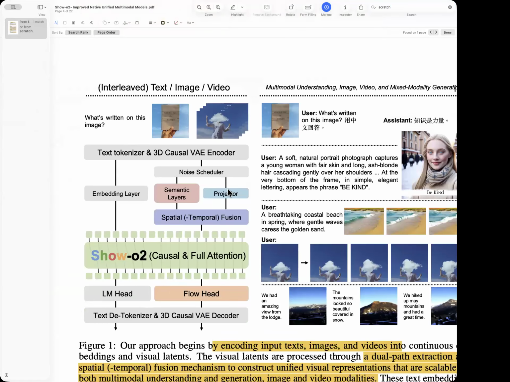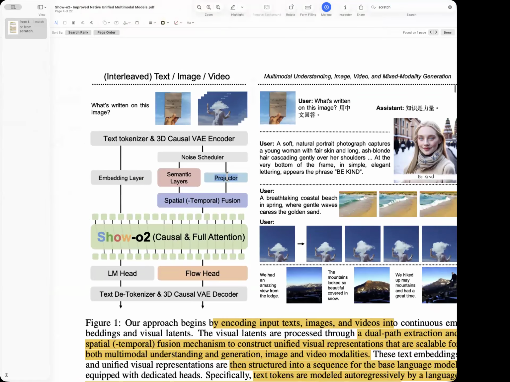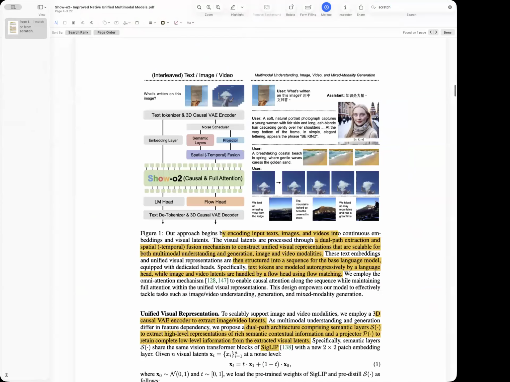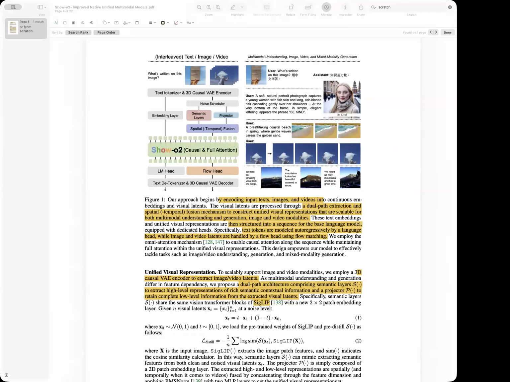The projector one, the one in blue, is basically taking patches of the image and asking, hey, what is in this patch? You can think of it as a smaller vision transformer, but only working on patches. For example, it may be able to tell you about the texture of this particular patch. That's why the semantic layers can tell you about the overall image or frame, and the projector one just tells you the more patch-level stuff. That's the distinction between the pink and the blue one.